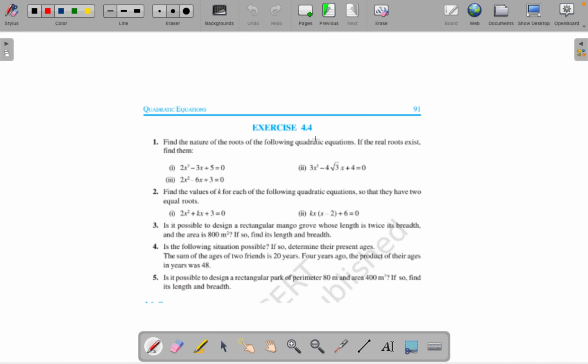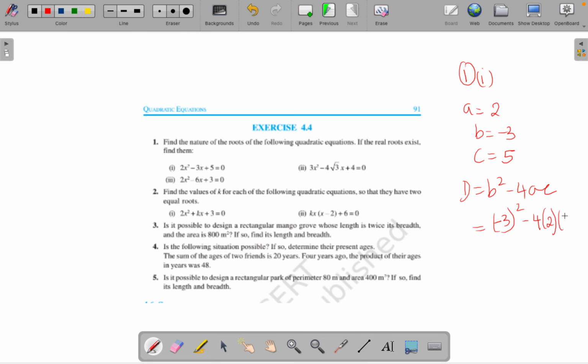Let's continue the exercise. Exercise 4.4. In the first question, you see that it is already in a standard quadratic equation. So a is 2, children, b is minus 3 and c is 5, right? If we calculate the value of capital D, that is the discriminant, using the formula b square minus 4ac, it is minus 3 whole square minus 4 into a into c.